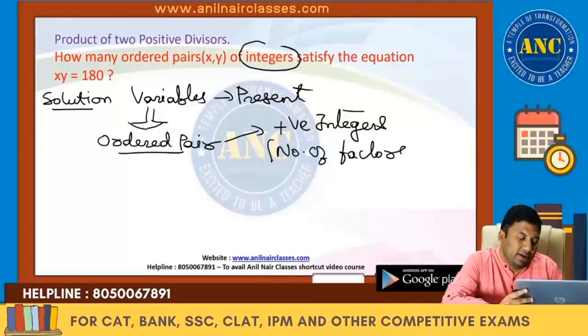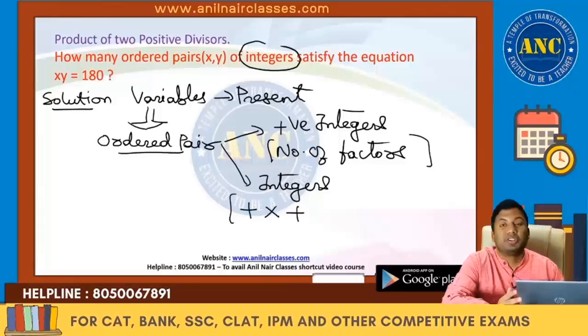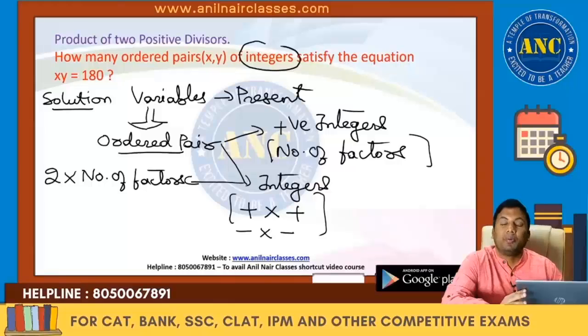We did it in the previous problems, but now the question is integers. Integers means positive into positive is positive, and negative into negative is also positive. That means if it is an integer, I will get 2 times the number of factors. I hope it is clear.